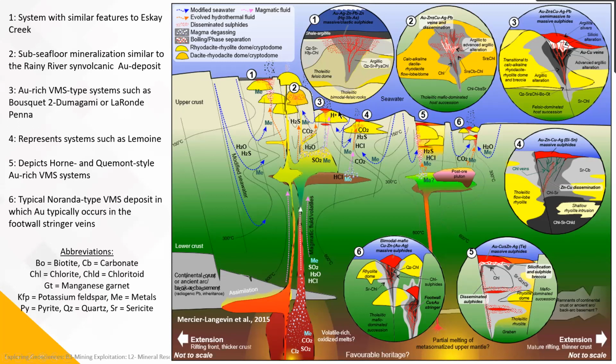We have the Lemoine area from Chibougamau here in 4, and the Horne and Quemont style or rich VMS from Rouyn-Noranda area here in 5, and 6, we have the typical Noranda type VMS deposits. Just to show, if we do a schema, how they might be alike with their content, but really different from the environment where they were formed. So that's something very important to understand before even setting foot out on the field.